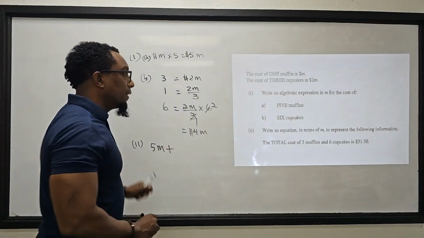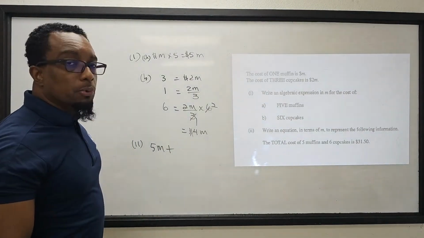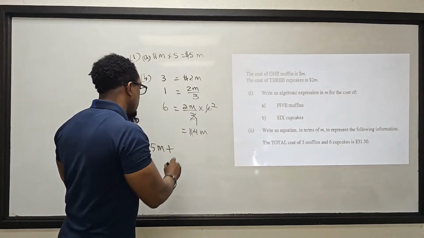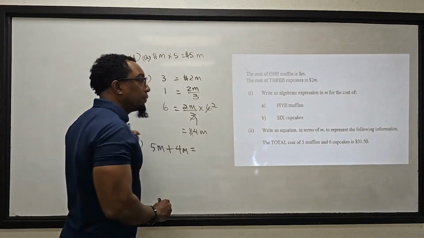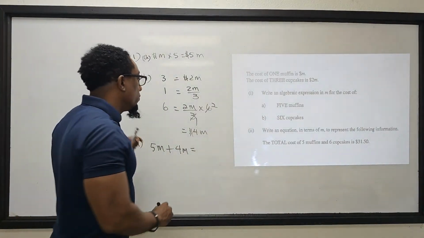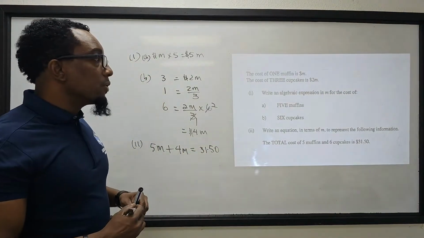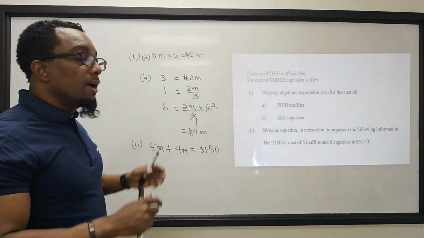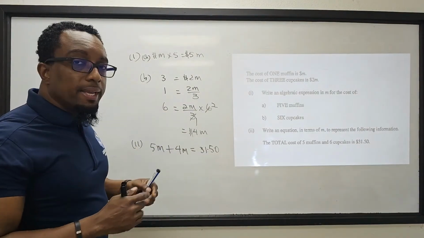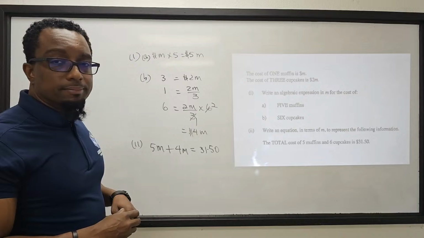Plus, that's a total, 6 cupcakes, total cost is $4m. And what is that equal to? $31.50. So that is your equation. So expressions and equations combined. Yeah?